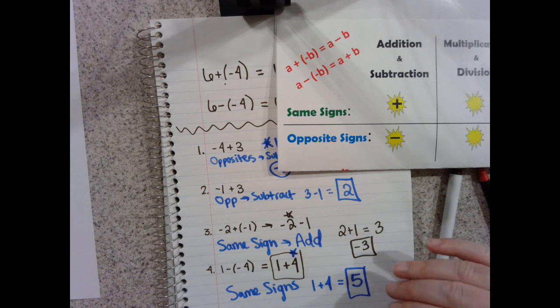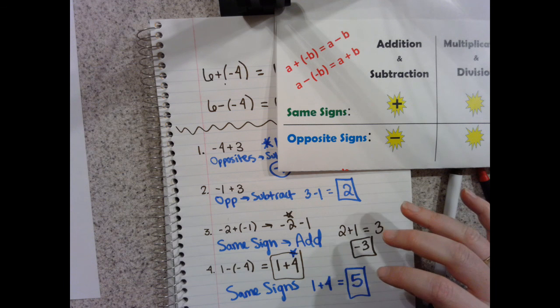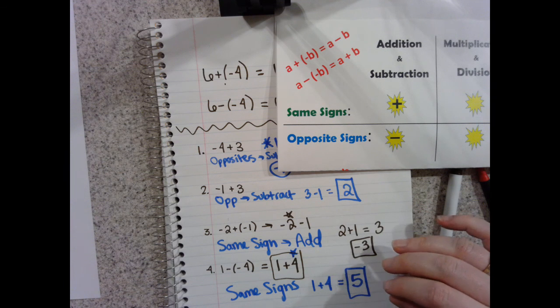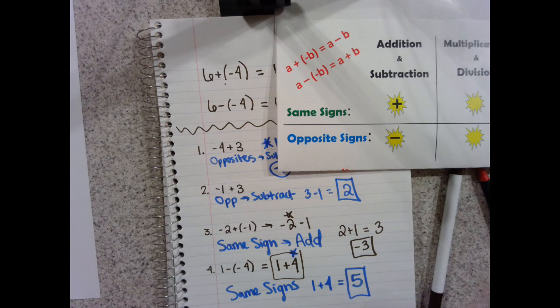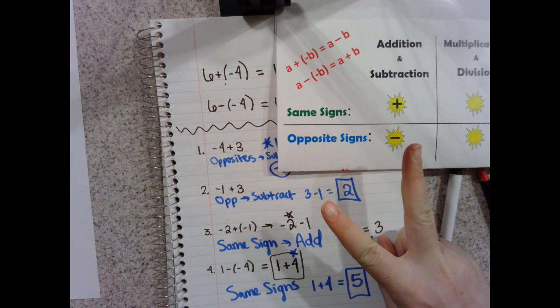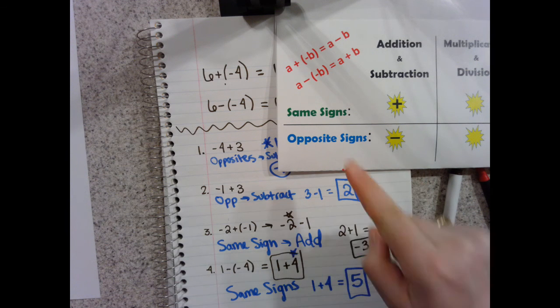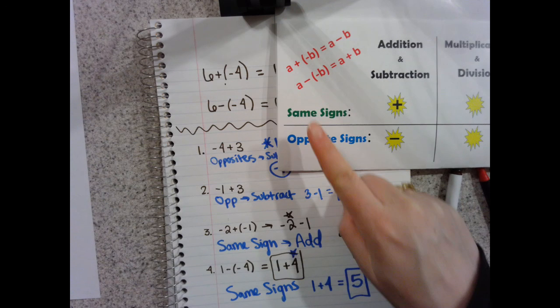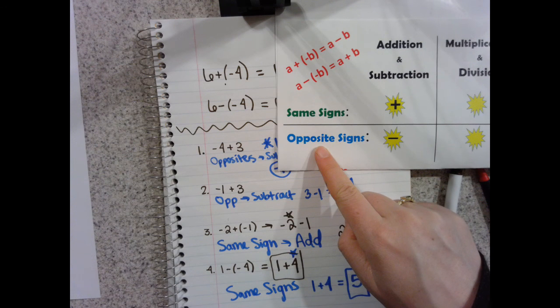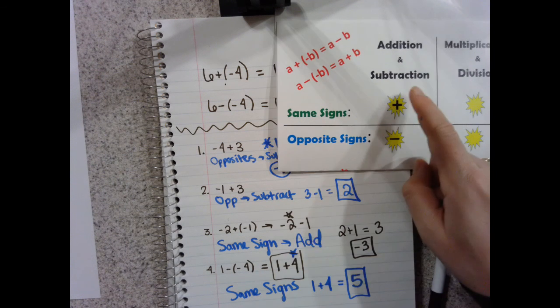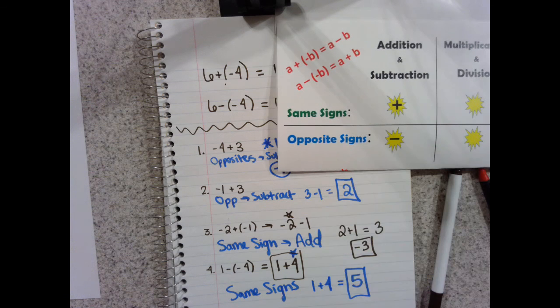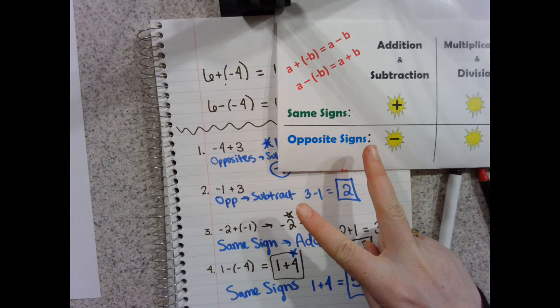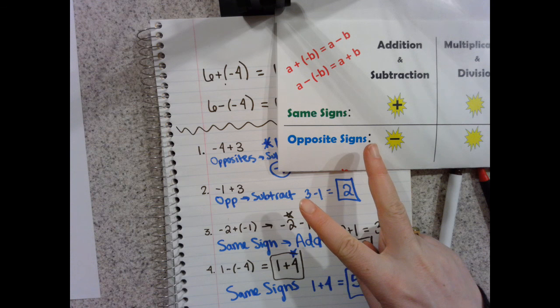I did not need the number line or color-coded dots to get this correct. But to ensure that I am getting the answers correct, I always ask myself 2 questions. Number 1, is this a same signs problem or opposite signs problem? That tells me whether to add or subtract. Then number 2, I need to keep the sign of the larger number.